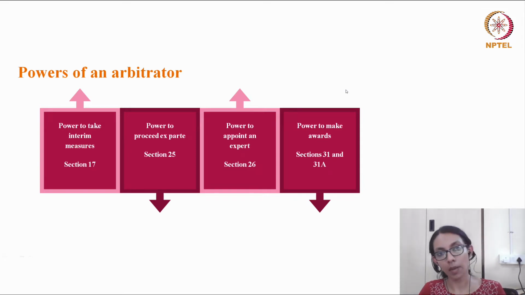The arbitral tribunal has the power to determine the amount of costs that will have to be paid, which of the parties has to pay it, in what manner it has to be paid, etc.